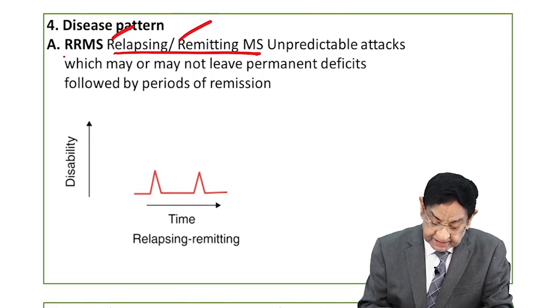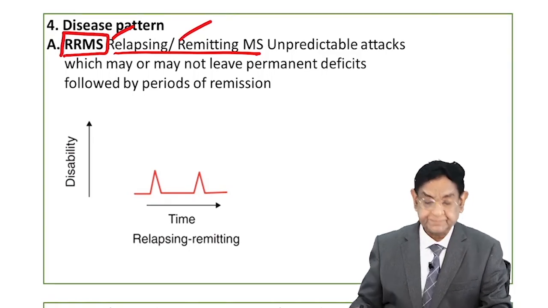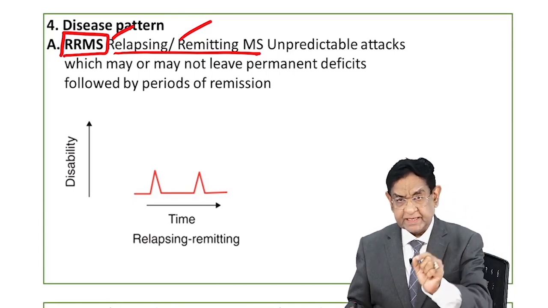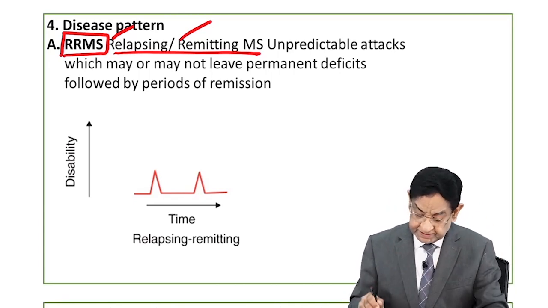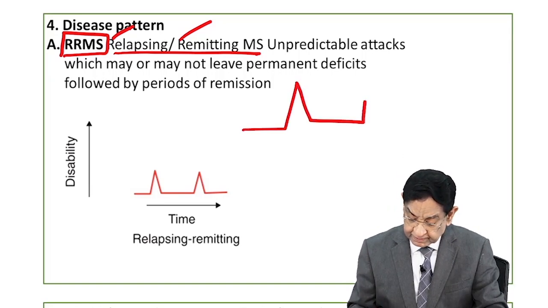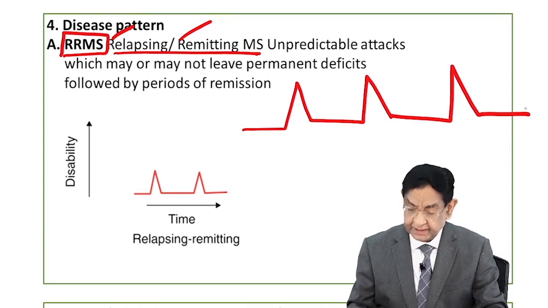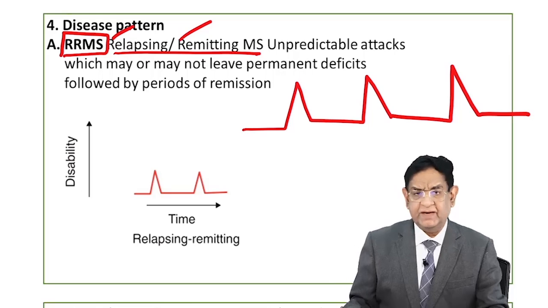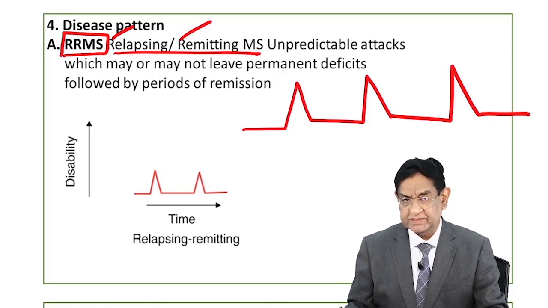So we write it as RRMS, relapse remitting multiple sclerosis. This means the patient has a problem, it occurs and goes, occurs and goes. It's classical, but I also described it in the previous questions.